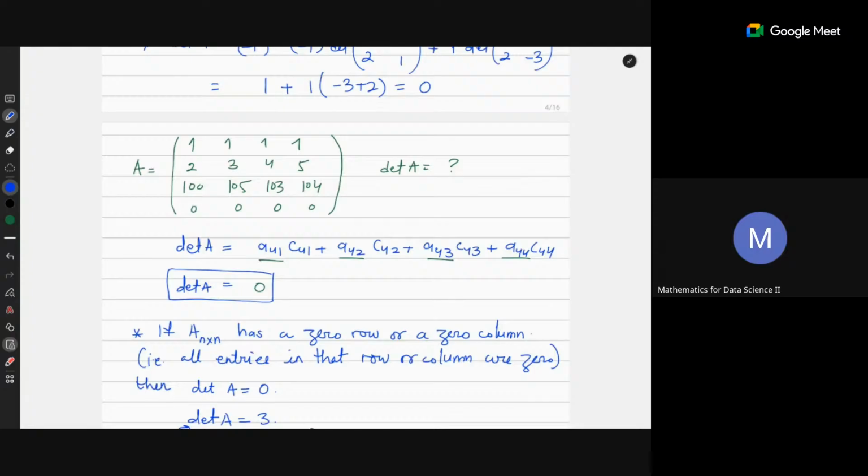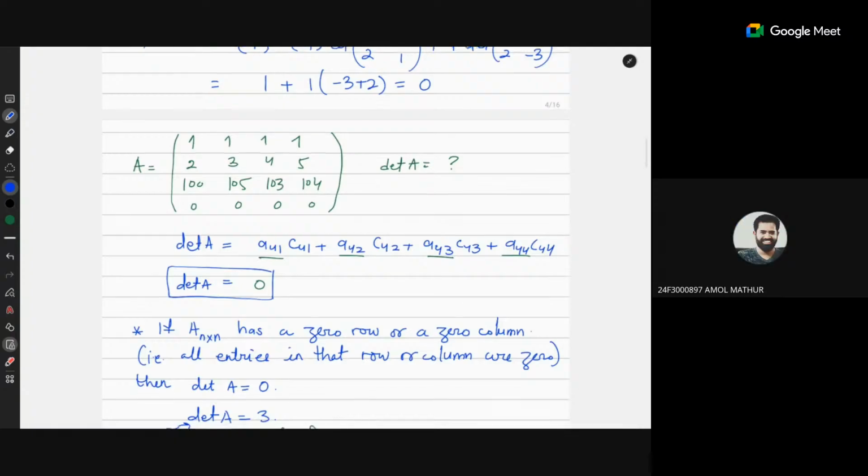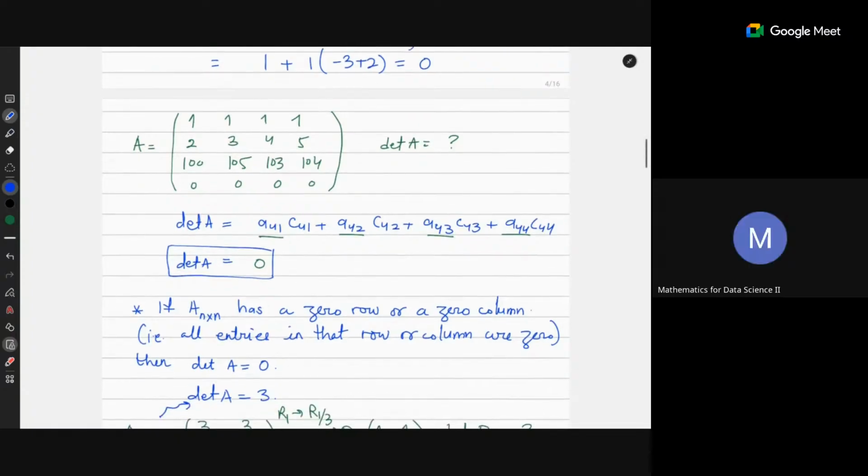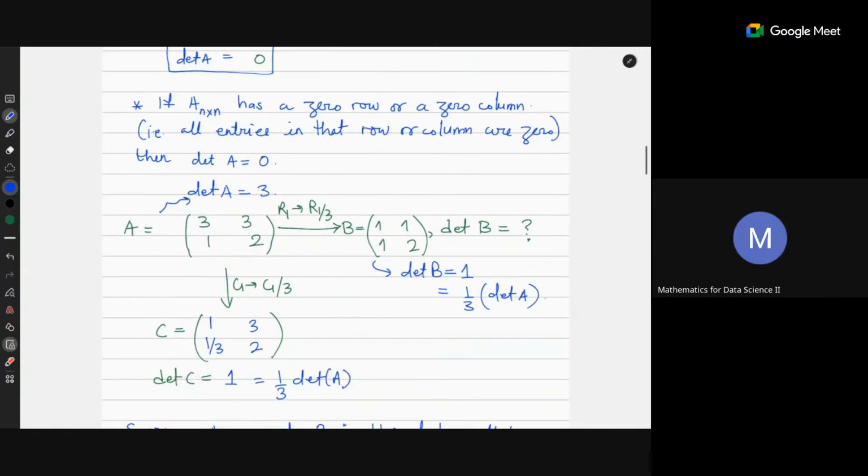I don't have an immediate answer to that question. I understood your point. It is something like scaling. We're doing scaling of a row vector, right? But determinant is a different operation. It is a different object. Okay. Thank you.